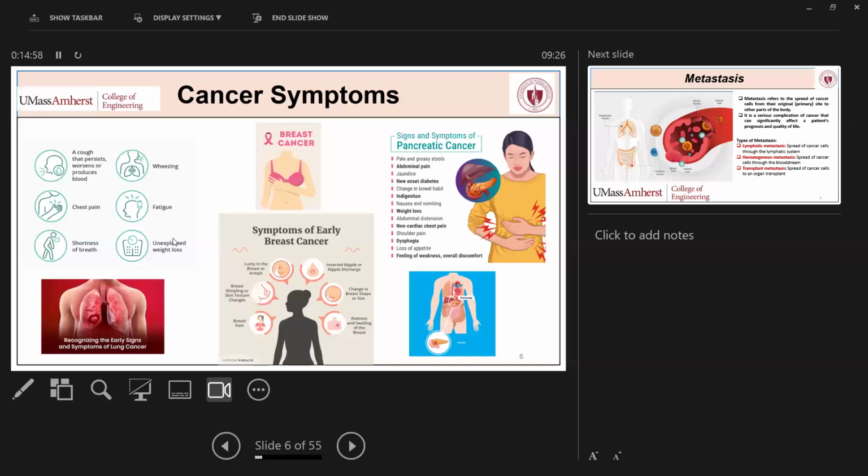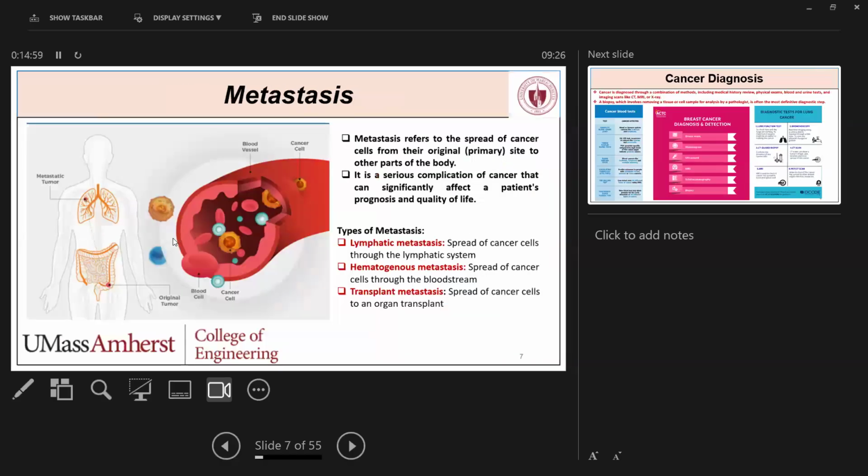So on this slide, once there is a formation of a tumor, the tumor is a massive structure, a mass of cancerous cells. The cancerous cells are abnormal cells, which grow and divide uncontrollably. From one side, it transfers to the other side of the body, right?